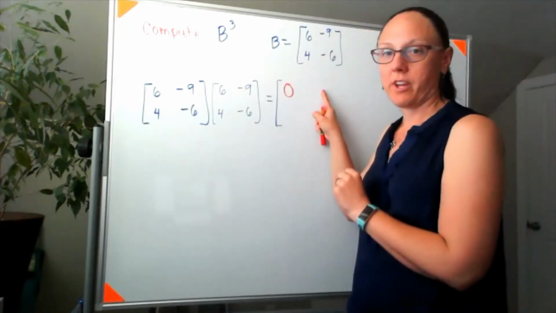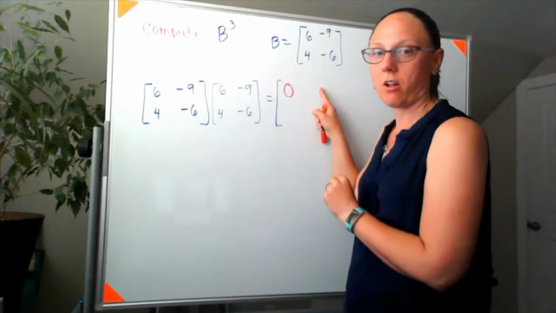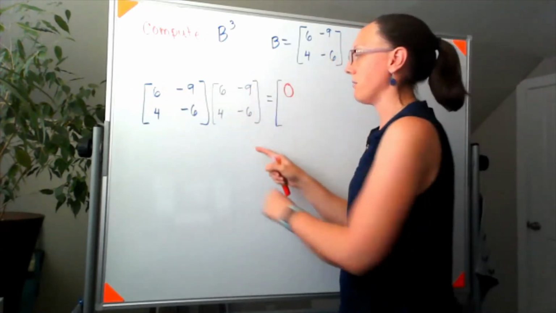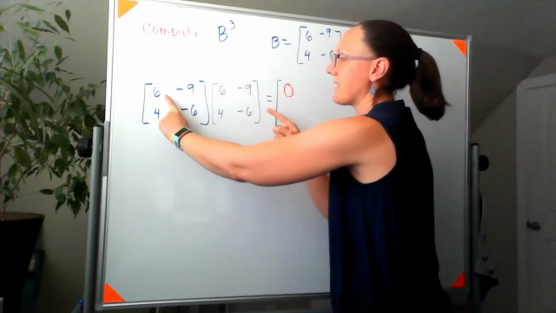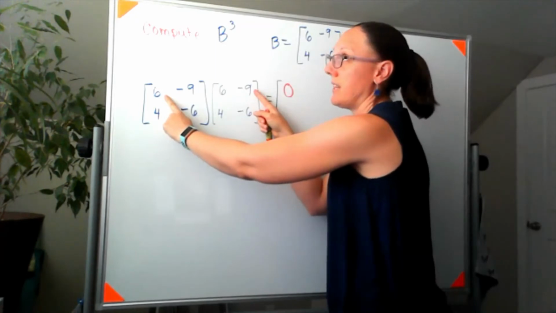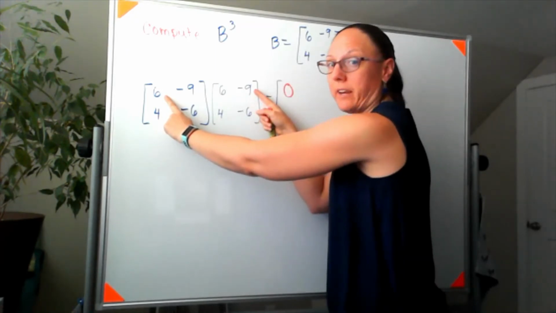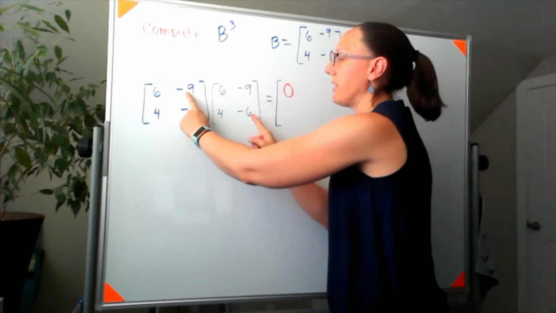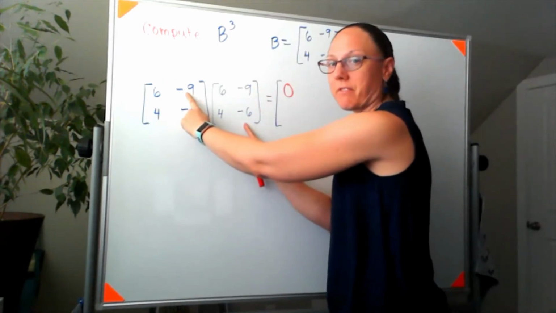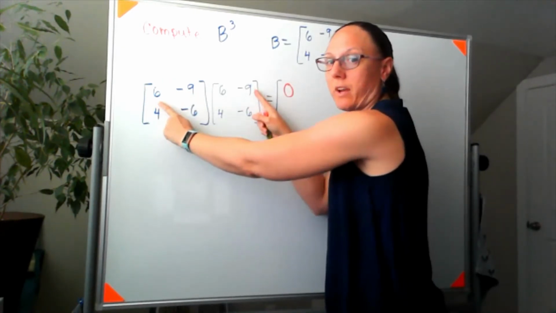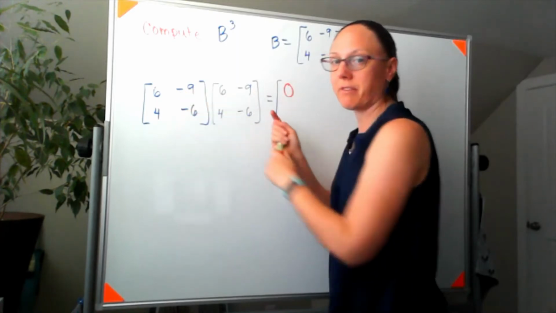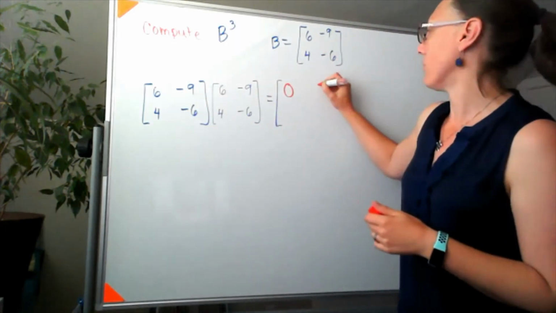Now to get the entry in row 1, column 2, I need row 1 times column 2. So now I've got 6 times negative 9, so it's negative 54. And negative 9 times negative 6 would be a positive 54, so I've got negative 54 plus positive 54, and I get 0 also.